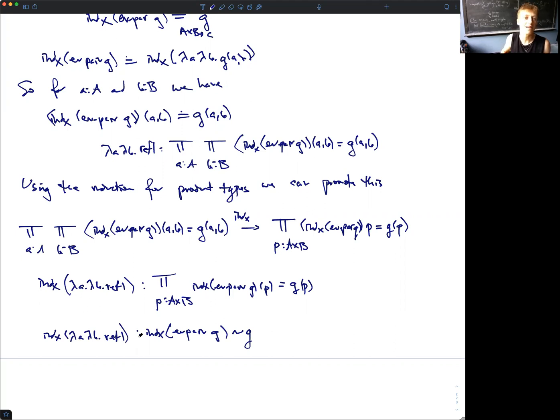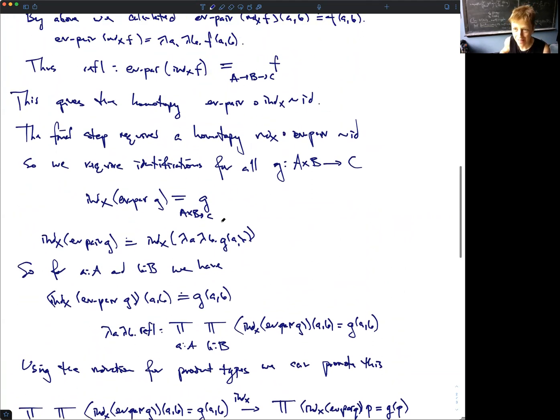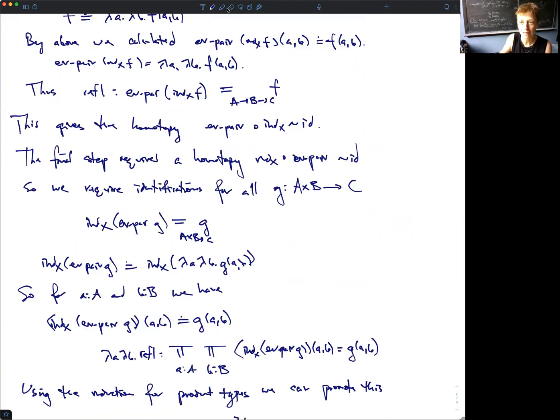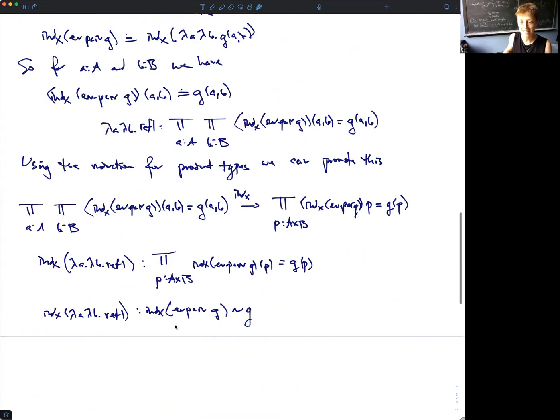But that wasn't actually the goal. Remember, I am trying to construct a homotopy between evaluation followed by the induction map, and for that I require an identification. So I need an identification between this function and this function, both terms of this function type. What I've constructed instead is a homotopy between these two functions.